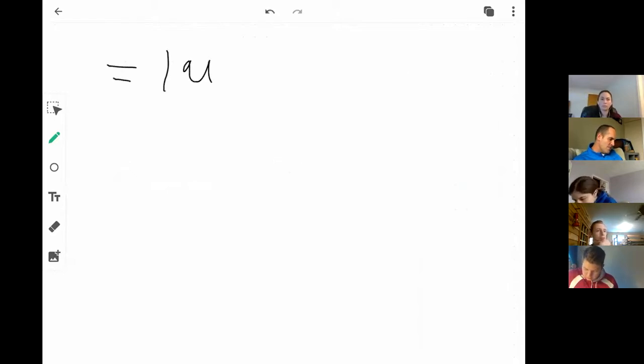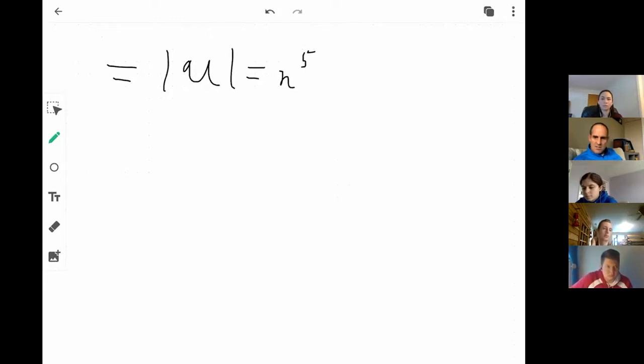The size of the universe is equal to what? N to the fifth, since there are n color choices and we have 5 vertices. Okay, N to the fifth minus, now we had all those paired edges, right?